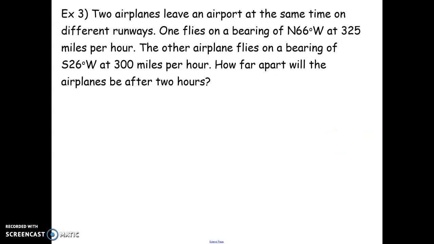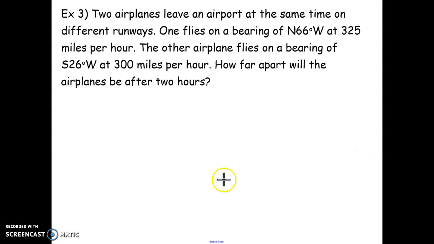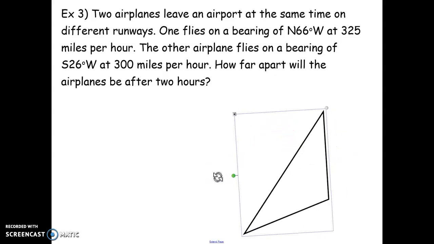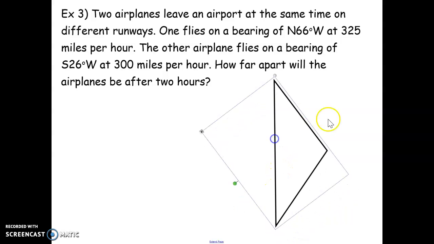Last one is an example. I'm going to go ahead and draw a triangle here and see if we can find one that works for what I want. Okay, so I'm going to go ahead and draw a triangle. Let me rotate this if it'll let me. Okay, so I'm going to label this here.